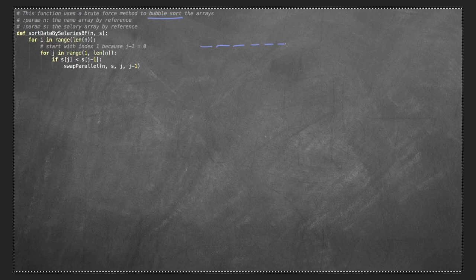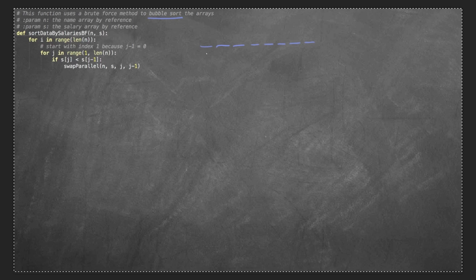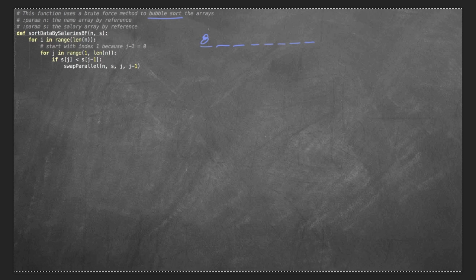So right now I have a function that's called sort data by salaries BF, which stands for brute force. Well, what exactly does that mean? That means that if I have, say, 1, 2, 3, 4, 5, 6, 7, 8 cells with whatever numbers, and let's say that the number right here is 8, and every other number in this list is less than this number.